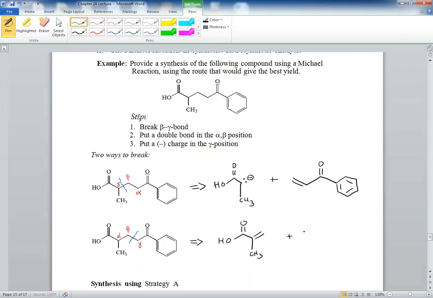And then of course you have a CH2, and that's our enolate. Okay. So once again, here's the alpha, here's the beta. You can think of this as the gamma. Here's the alpha, here's the beta, and this is the gamma.